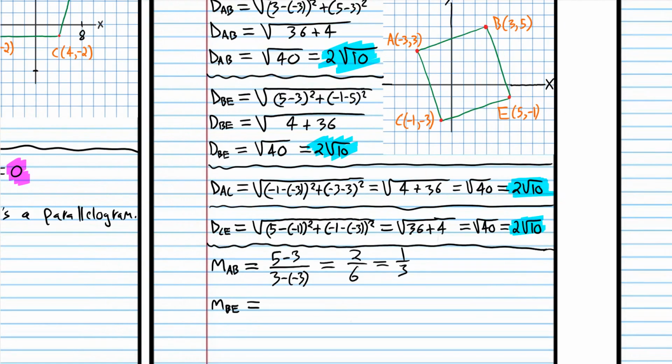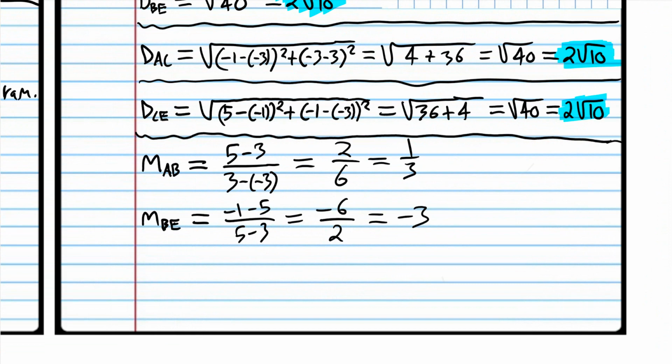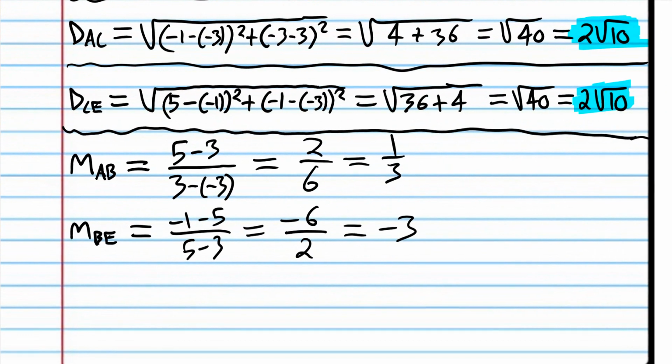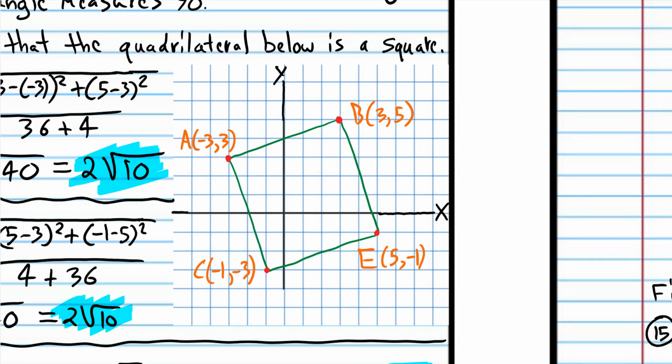So using B as point 1, we have negative 1 minus 5 over 5 minus 3. So we get negative 6 over 2, which is negative 3. So these are opposite reciprocals. See, if you flip this and change the sign, you get negative 3 over 1, which is the same thing as negative 3. So by doing that, we proved that this angle is 90 degrees.